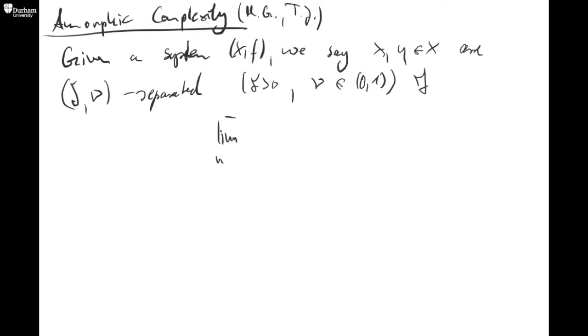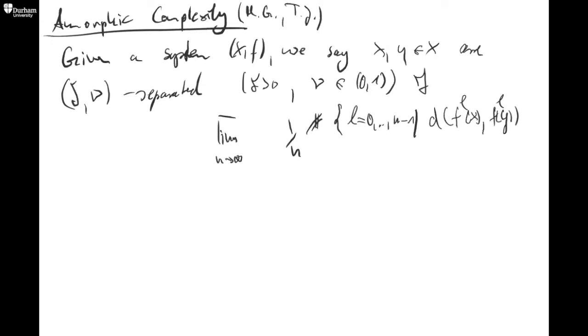So this limsup as n goes to infinity, we take a frequency, so we divide by n of what? Well, of the number of l from 0 to n minus 1, such that the distance between the images of x and y, that this distance is bigger than delta.